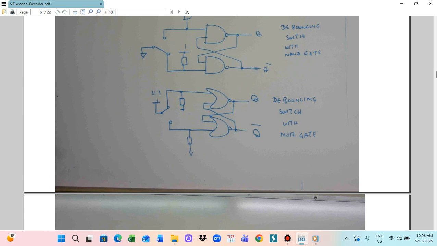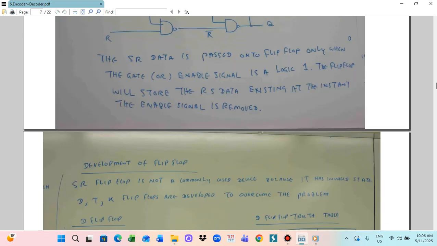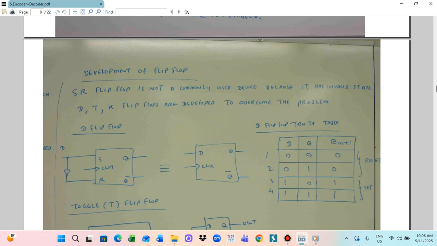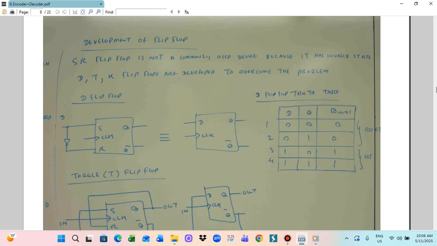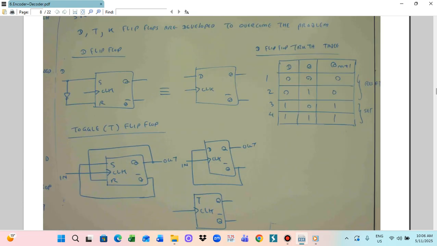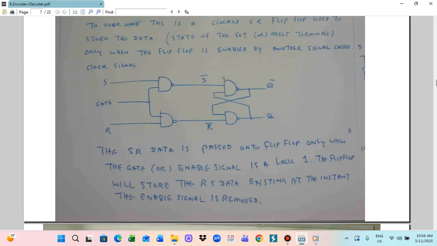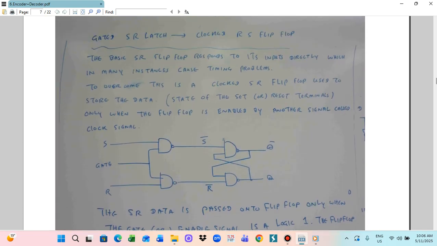So this is the resistor. For the output we use Q and Q bar. So debouncing switch with the NOR gate. So we apply either NAND gate or NOR gate, and then we use it for the debouncing switch.